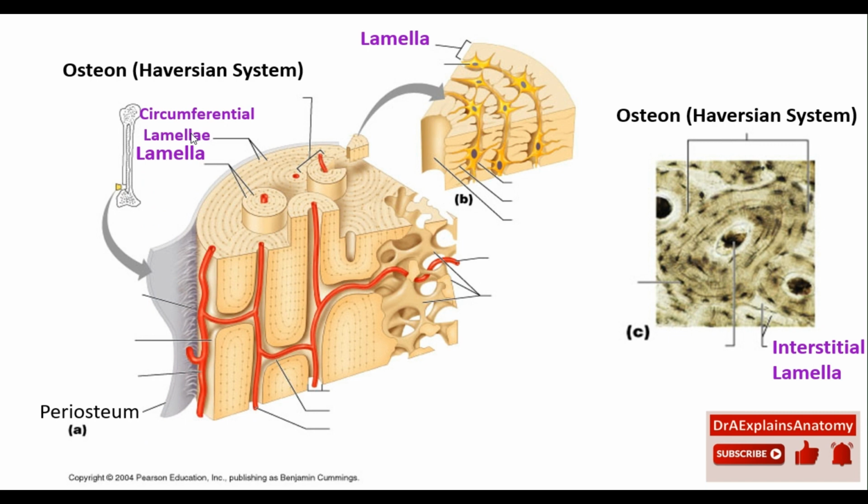Then we have the periosteum, which is the fibrous membrane that surrounds the bone. We can see the perforating Sharpey's fibers. These are the periosteal blood vessels.